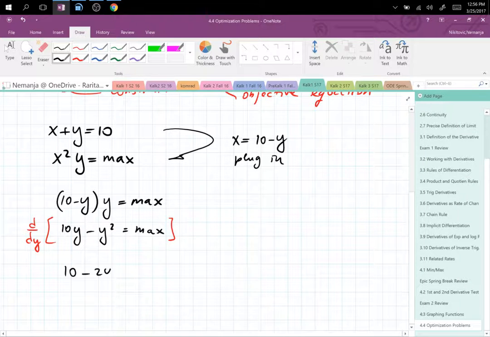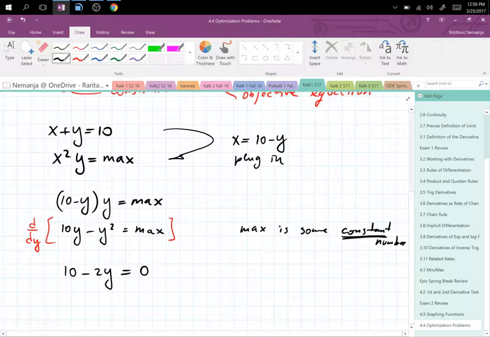You get 10 minus 2y is equal to 0, because max is some constant number, with emphasis on the word constant, which means when you take a derivative of the word max, which is a number, it's going to be 0. What happened? No. It's 10 minus y squared, not 10 minus y times y. So you're substituting 10 minus y for x, and x is squared in the max problem.